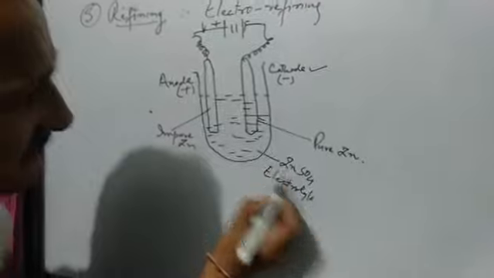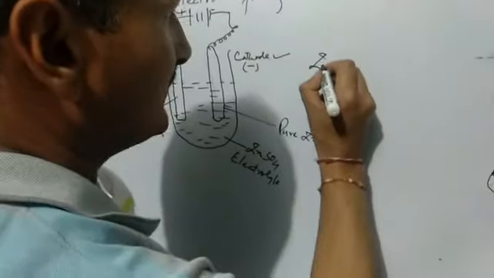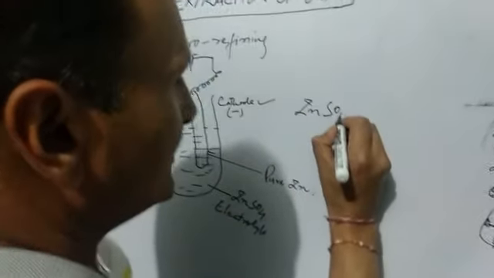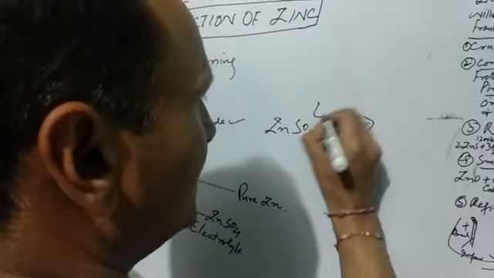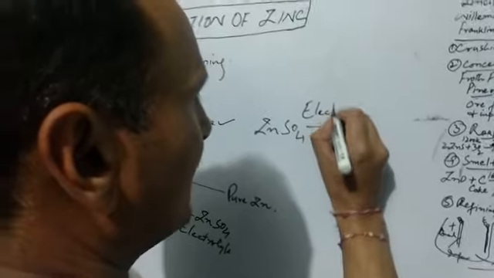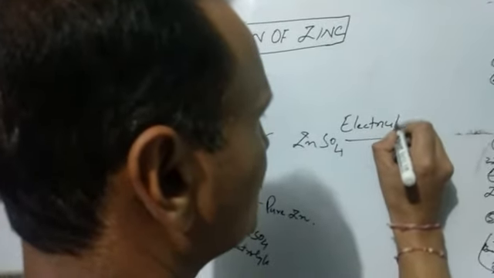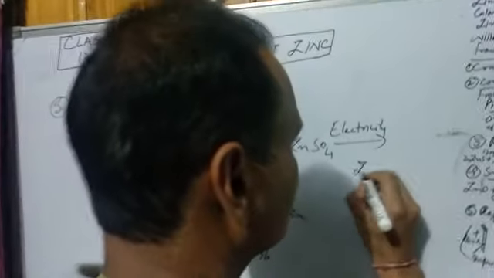Remember please, this is zinc sulfate now. When electricity is passed through it, that is electrolysis of zinc sulfate takes place, it ionizes, that is it forms ions. This is zinc ion and this is sulfate ion. So this is electrolysis of the electrolyte.